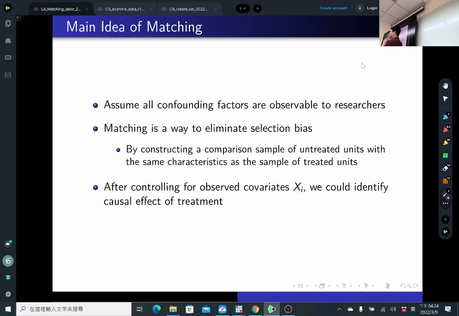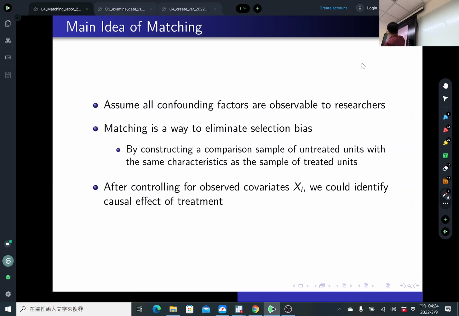You can consider this a very strong assumption, because a lot of confounding factors might affect who gets a treatment, who does not, and also their outcome. Such confounding factors could be unobserved, like personality or your preference. But in this method, we assume all are observed.